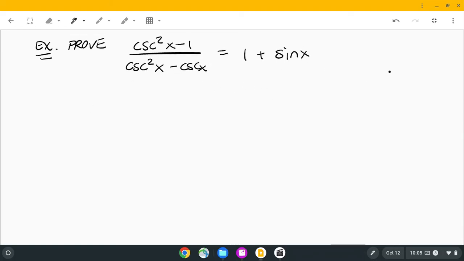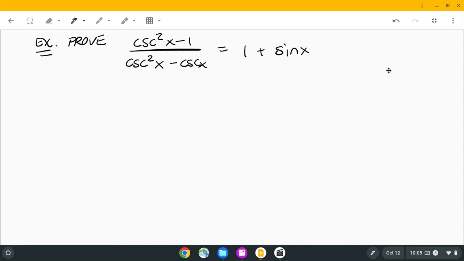Try it on your own, and then you can come back and see where you get stuck, and then see how I work out that trouble spot. Okay, so I'm going to choose the left side. And I have a bunch of squares, so looks like I'll probably be using one of the Pythagorean identities.